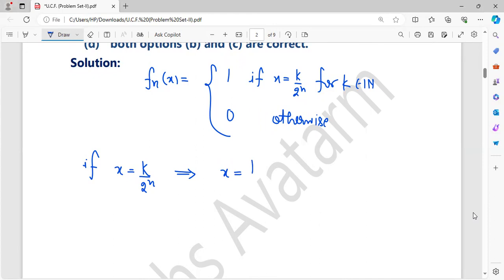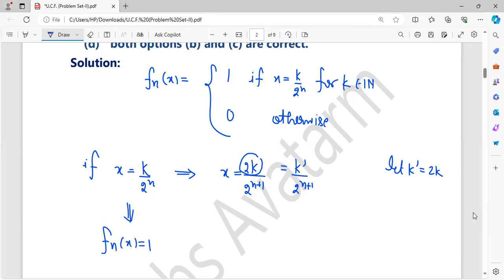multiplying in numerator and denominator by 2, we can write it like that. Now you can consider some k dash, let's say k dash is equal to 2k. So it is of the form k dash upon 2 to the power n plus 1. It means when x is equal to k by 2 to the power n form, f_n is 1 by the definition.